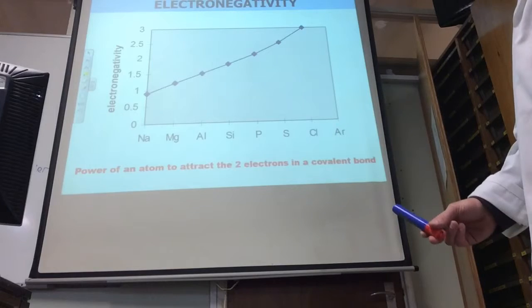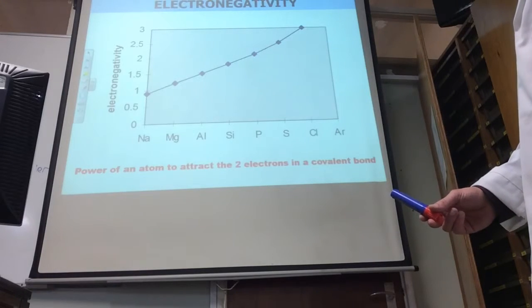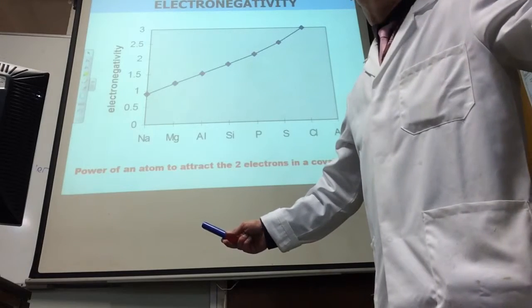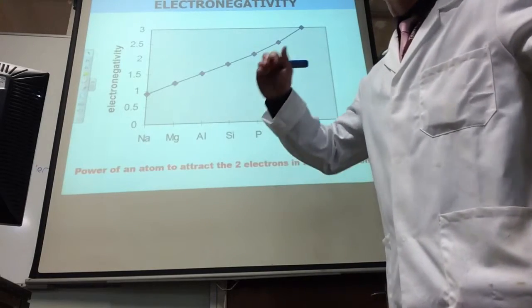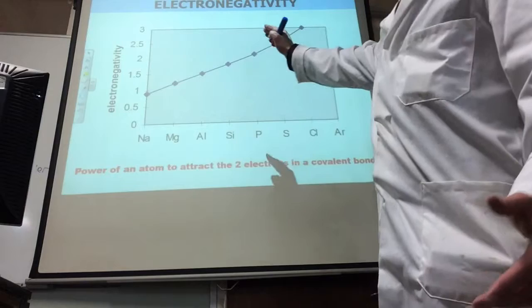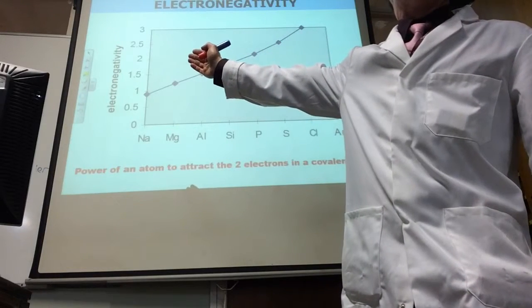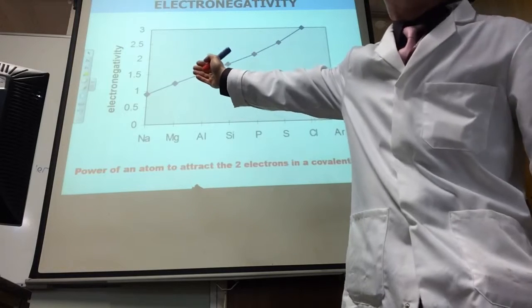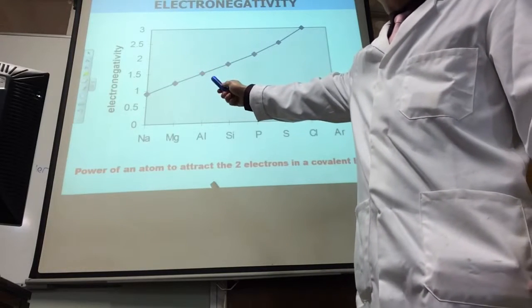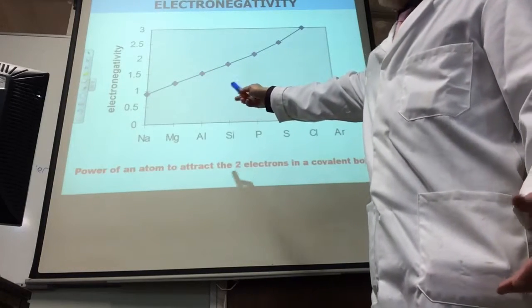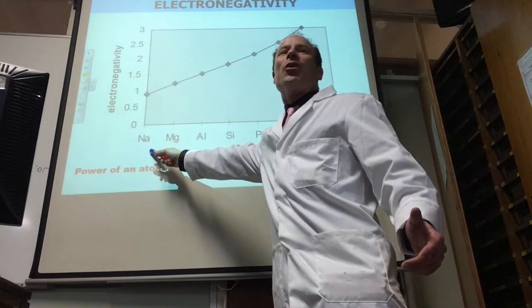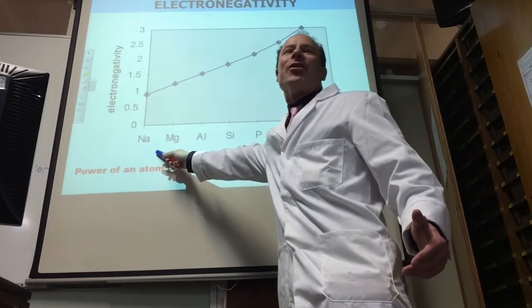So what's happening as I go across a period? The general trend, first of all. What would you state? What is my general trend? Electronegativity increases. Does that surprise anybody? Why? Well, wait a minute. Would you expect a metal to want to attract electrons? What do metals generally do to electrons?